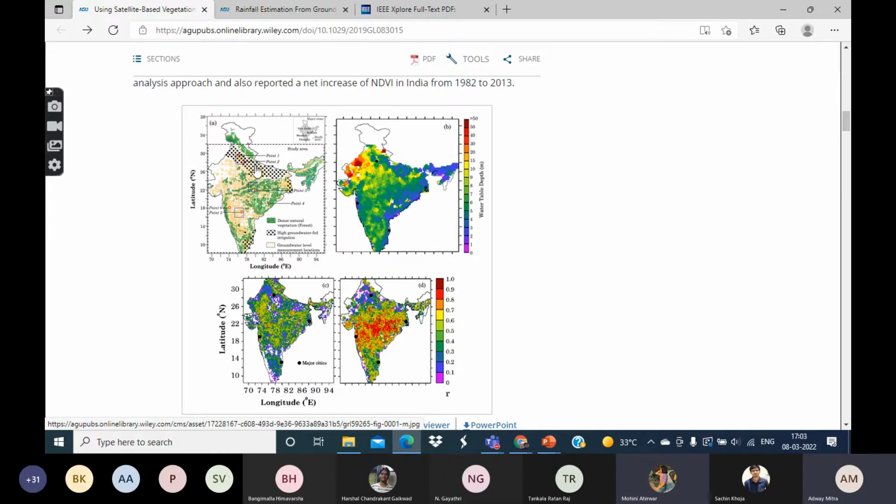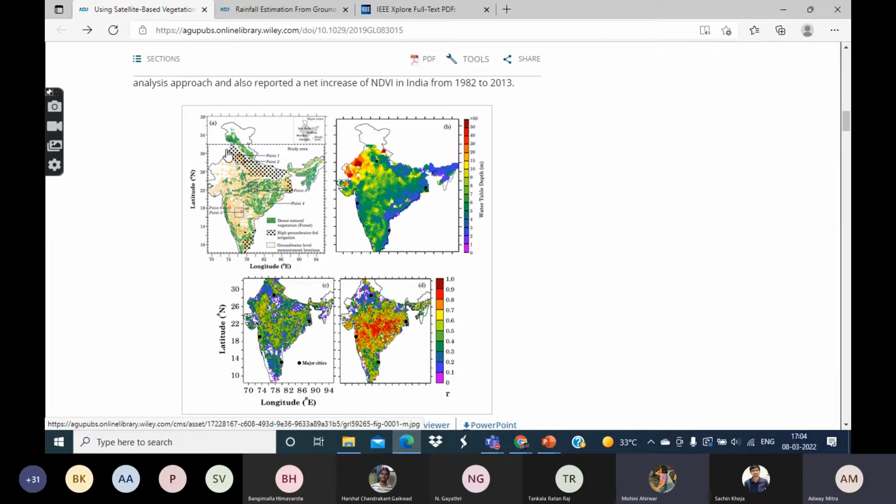So yes, the vegetation is there, that is, these are the cultivated regions. So if you consider the NDVI, the NDVI will still be quite good, because not only forest lands but also agricultural lands, they are green. So all these regions will have high value of NDVI.